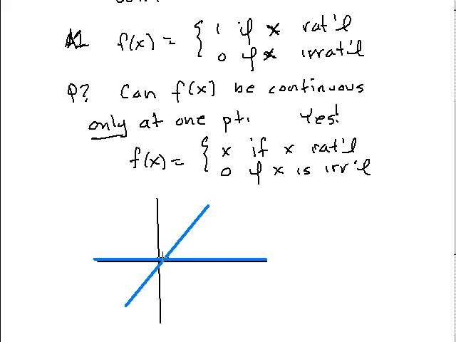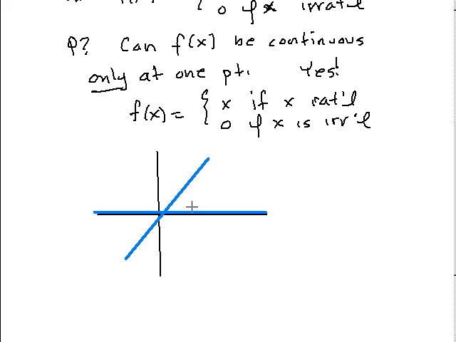So in fact, f of 0 equals 0, and it's continuous at 0 because if you approach 0 from any side, you can get within an arbitrarily small neighborhood of f of x equals 0. So graphically, the continuity results because these two cross here, if you will.